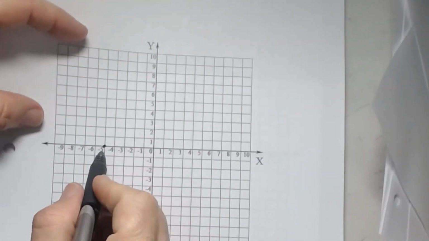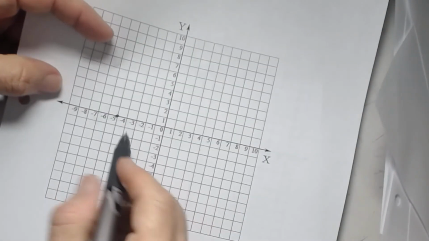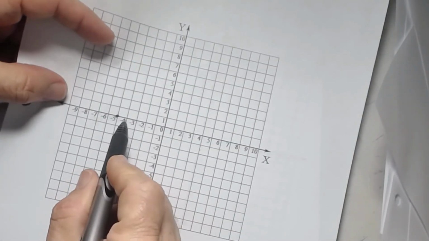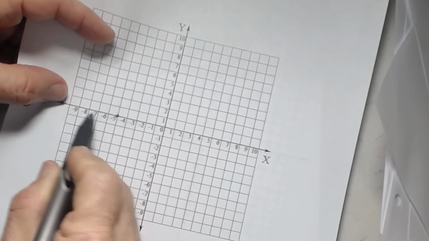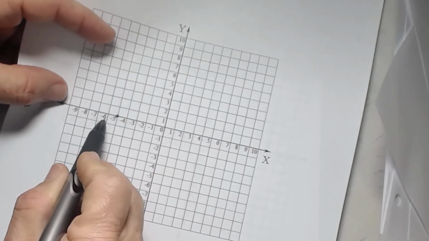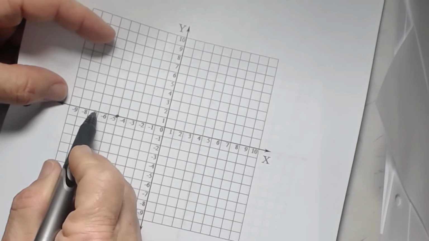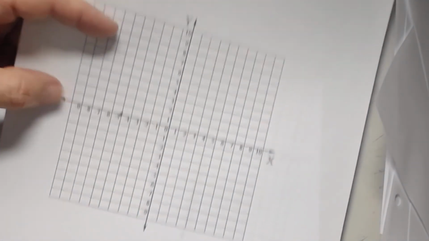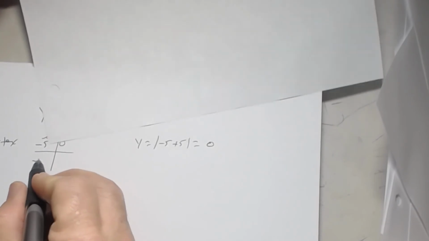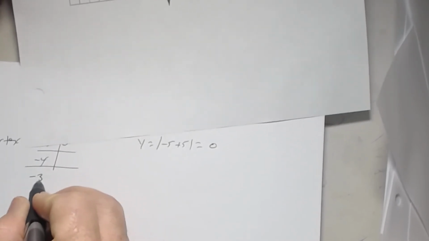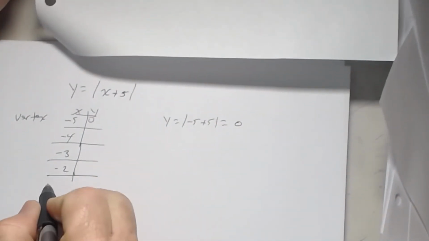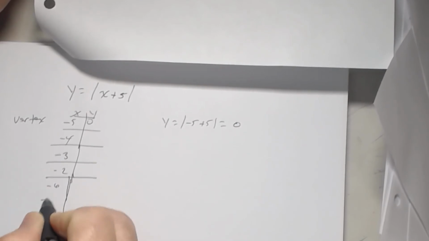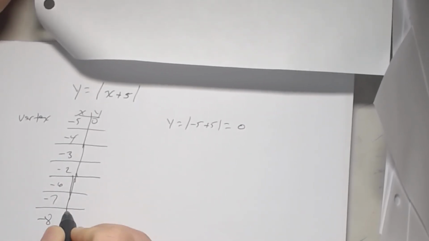And so knowing that my vertex is here, I'm now going to use what x coordinates? -4, -3, -2. What about on this side? -6, -7, -8. Okay? So you're going to say -4, -3, -2. And then on the left side, you're going to say -6, -7, -8. Okay?